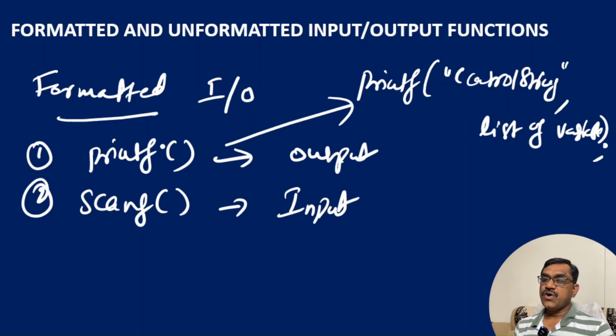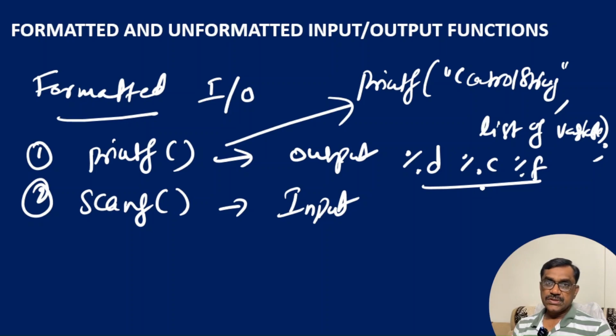The meaning of formatted is that we are going to use format specifiers like %d, %c, and %f. If we use format specifiers to print something, then it is called a formatted output statement. When we try to read the formatted list of variables from the keyboard, we use the scanf statement.